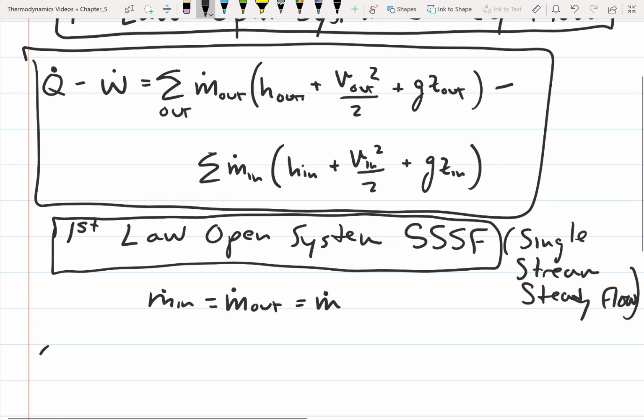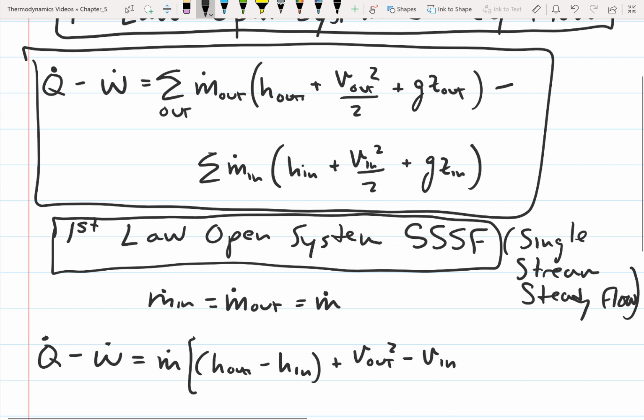So we have Q minus W is equal to the mass flow rate multiplied by the enthalpy out minus the enthalpy in, plus the kinetic energy out minus the kinetic energy in, plus the potential energy out minus the potential energy in.